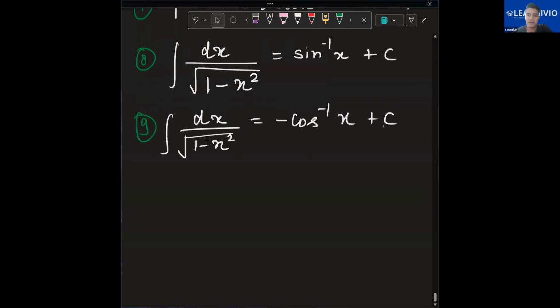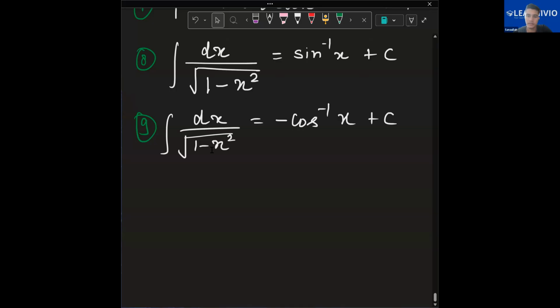Okay. So see, this is important: when you see a question, you have to see what the requirement is. If you need the cos inverse of x, then you will use minus of cos inverse of x. And if you want sine, then you will go with this. So this is up to you.